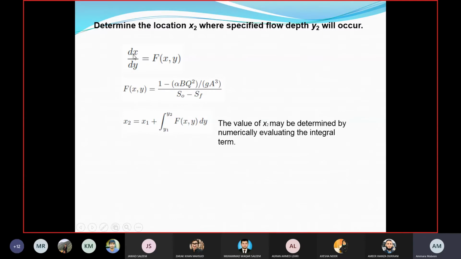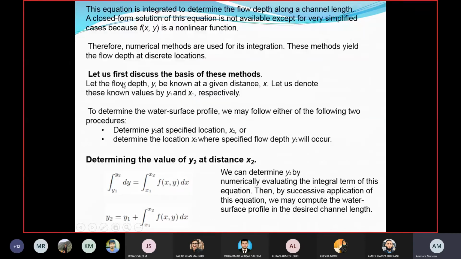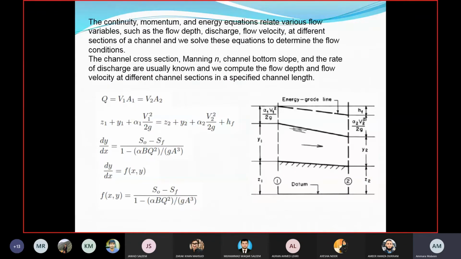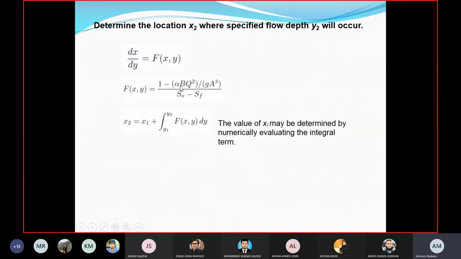It is opposite to the dy by dx equation, but we need dx by dy here, as we have to determine x.